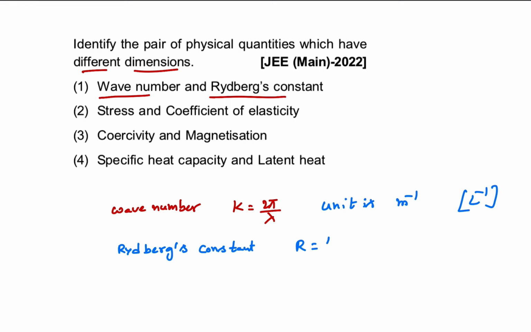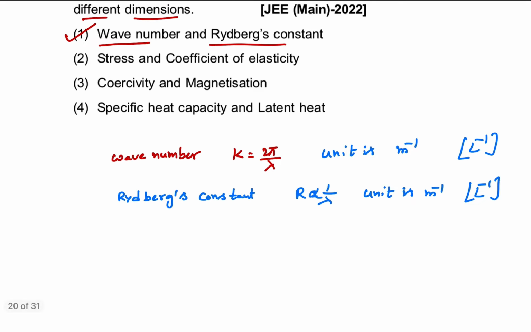You know that R is proportional to 1 by lambda. So you can say that unit is meter minus 1, L minus 1. So the first option has the same dimensions. Second option you check.